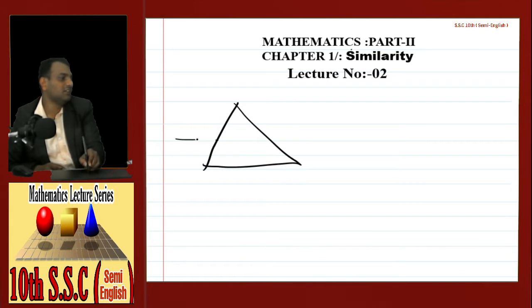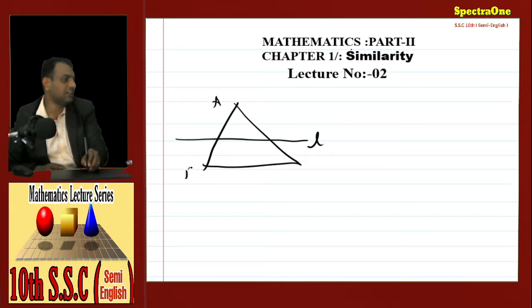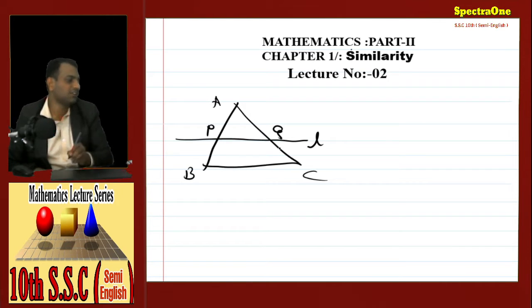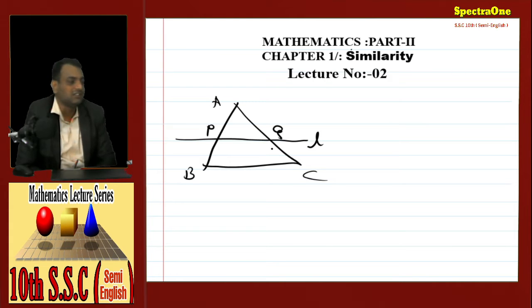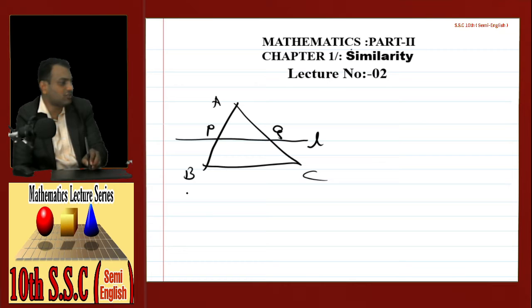Suppose this is triangle ABC, and we draw a line L parallel to BC. It will intersect AB at point P and AC at point Q. Then, according to the basic proportionality theorem, the ratio of AP upon PB is equal to AQ upon QC.